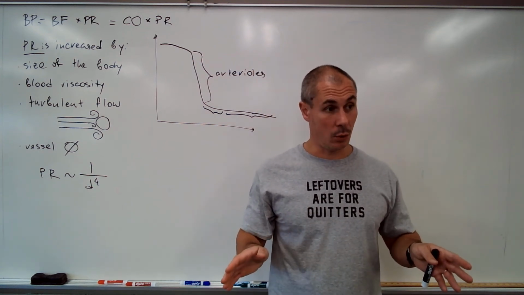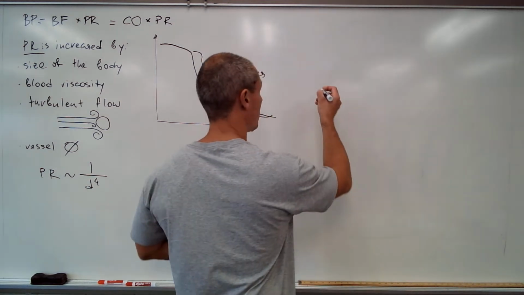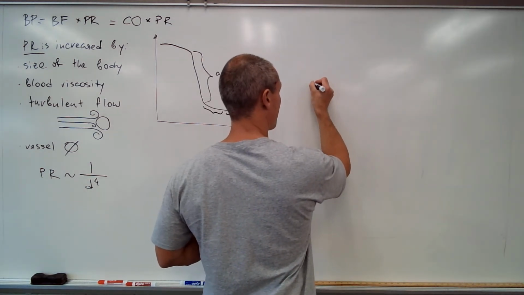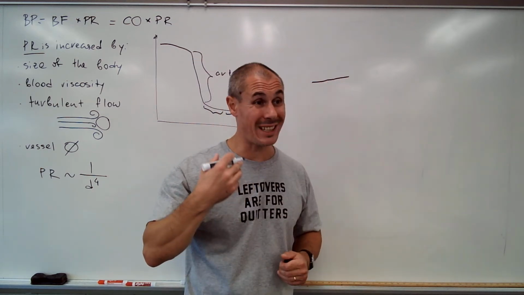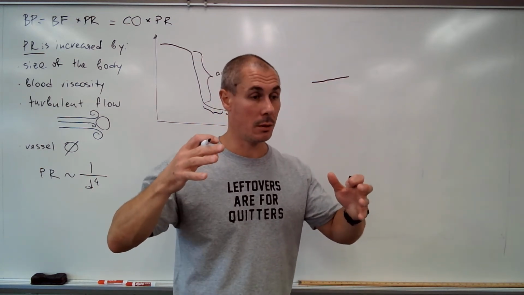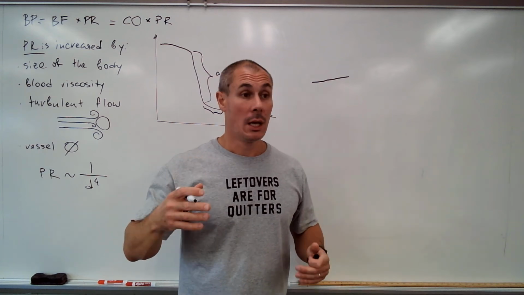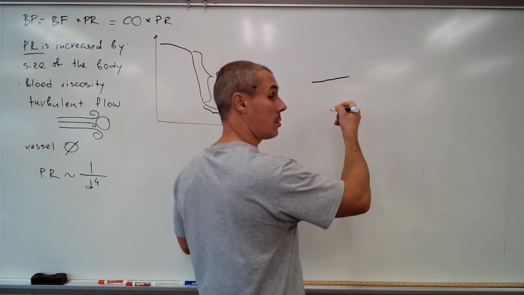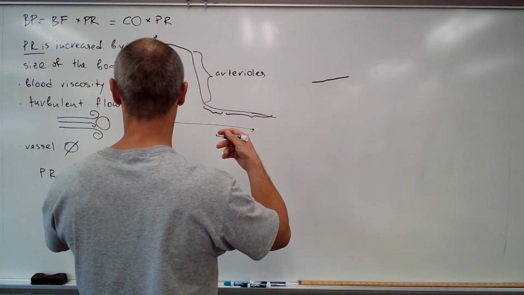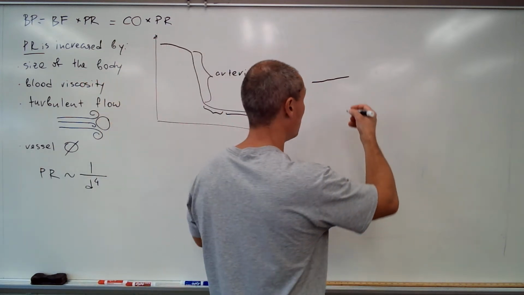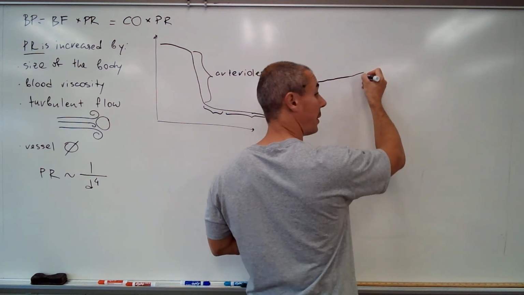The branches of the aorta. So it starts branching, and the cross-sectional area becomes a little bit bigger. Okay? And then it gets into the arterioles, and it's still a little bigger.